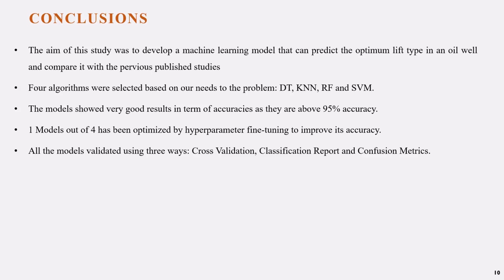One model, SVM, went through hyperparameter fine tuning to increase its accuracy, and we were successful on that. We reached a 97% accuracy. All the models were validated using three ways: cross-validation, classification reports, and confusion matrix.